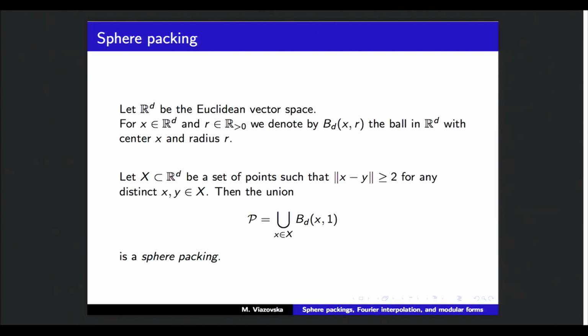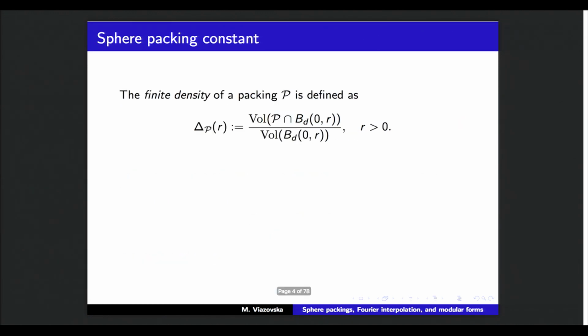Suppose we want to pack balls of radius 1, then we choose a set of points such that the distance between every two distinct points is at least 2, and then we consider a union of open balls with centers at these points. These balls will not intersect, and we say that such a union is a sphere packing. Now, among all the possible sphere packings, we want to find those which have the maximal density.